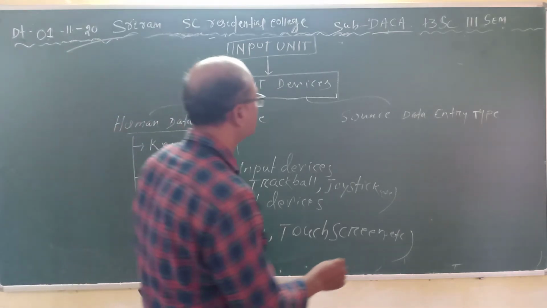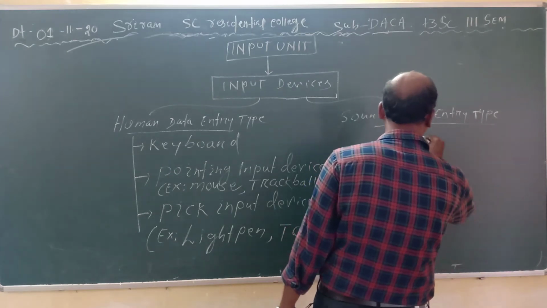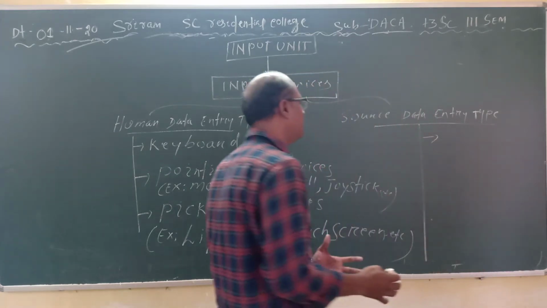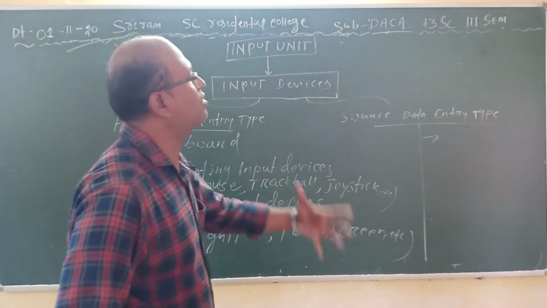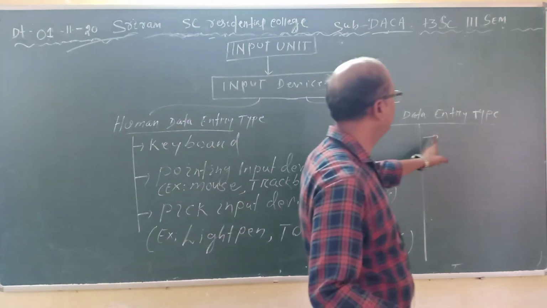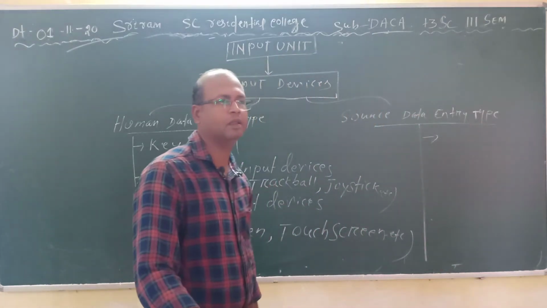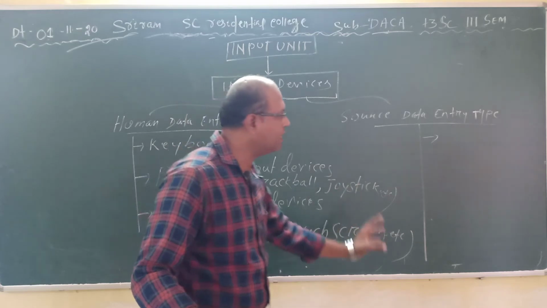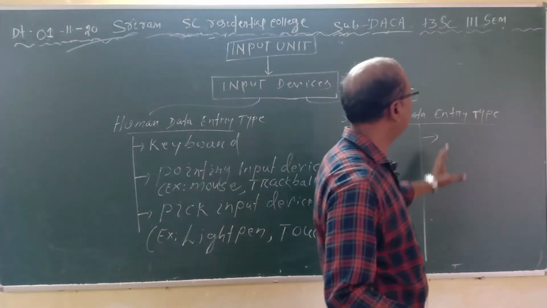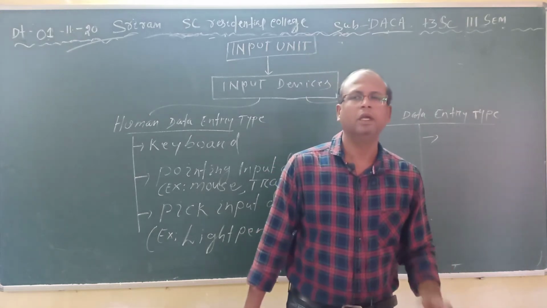But in the case of the source data entry type, no human intervention, or only a small amount of human intervention, is required to enter the data using these kinds of devices. The data entry process doesn't require human interaction.